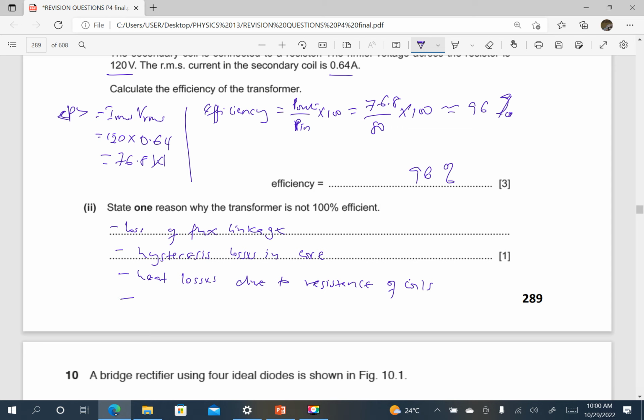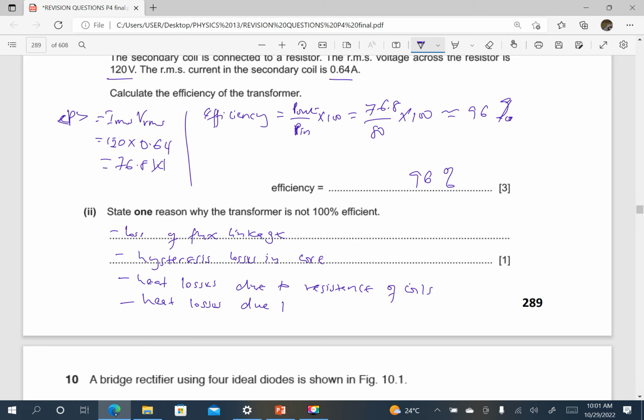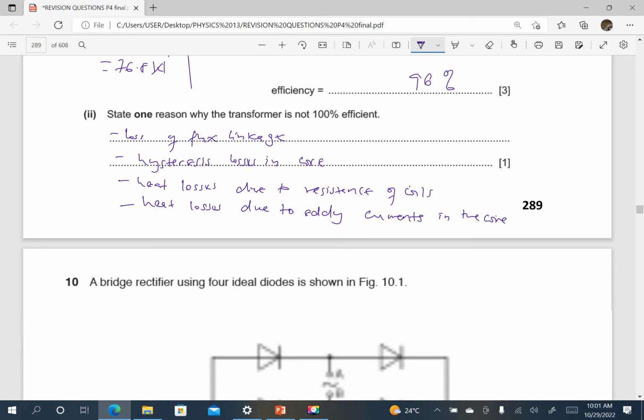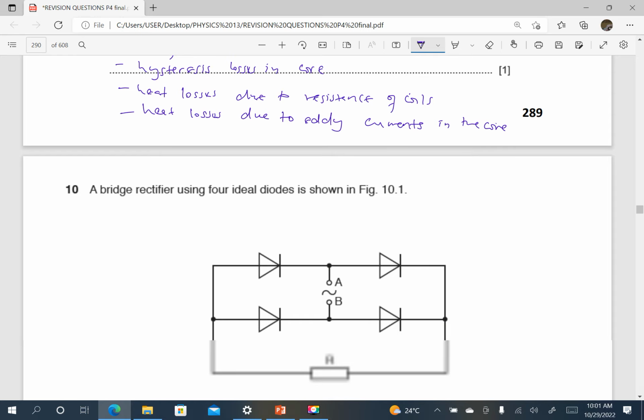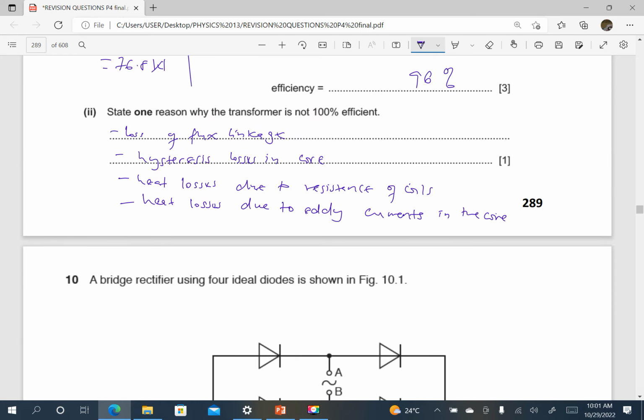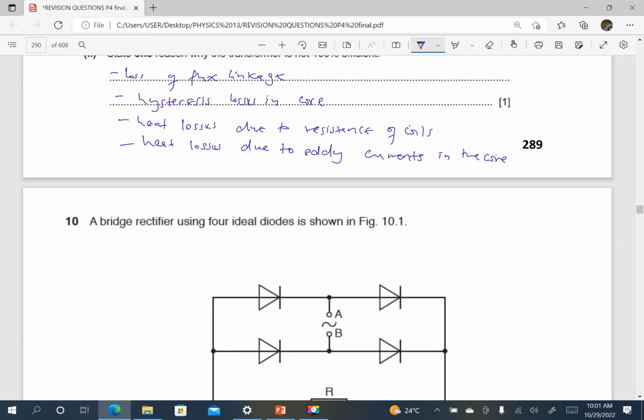You can also talk about heat losses due to eddy currents in the core. Okay, those are some of the reasons as to why the transformer is not 100% efficient.